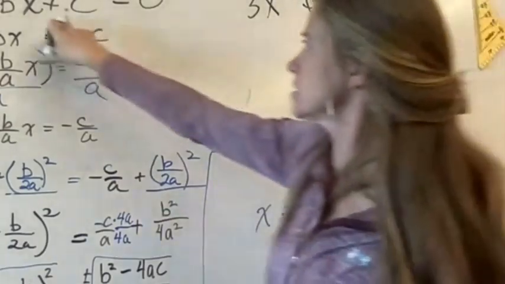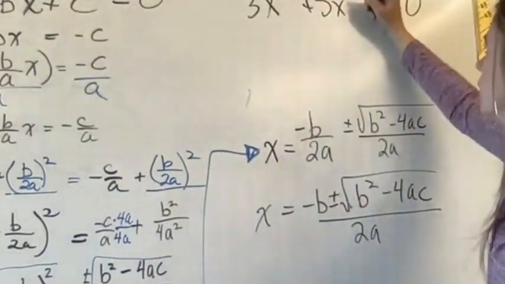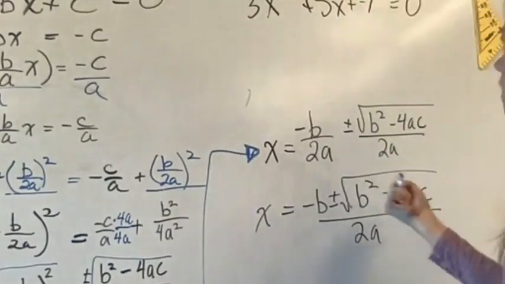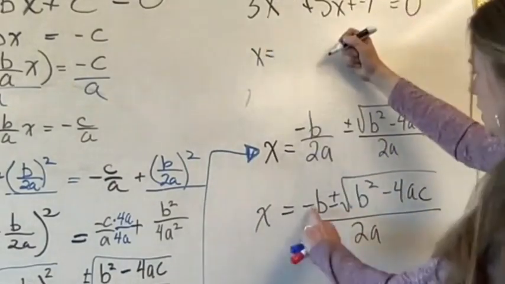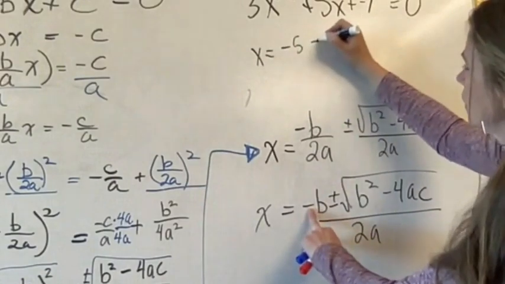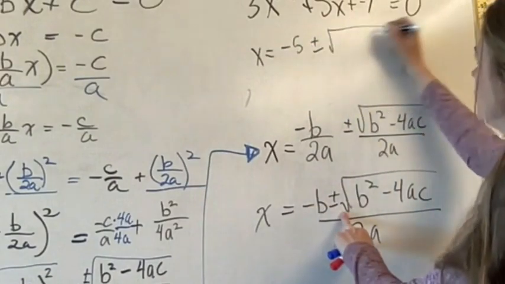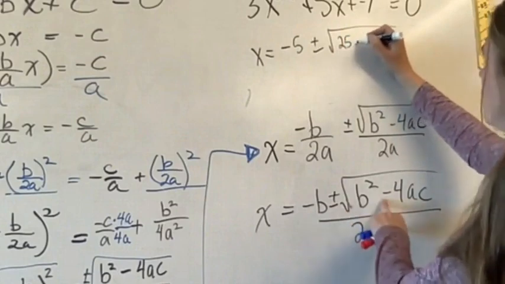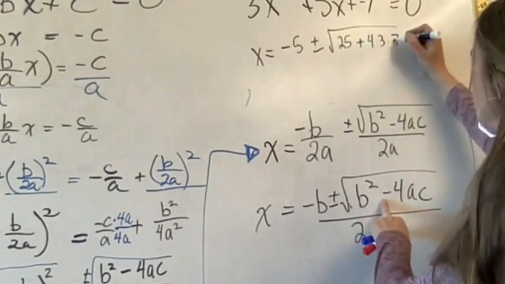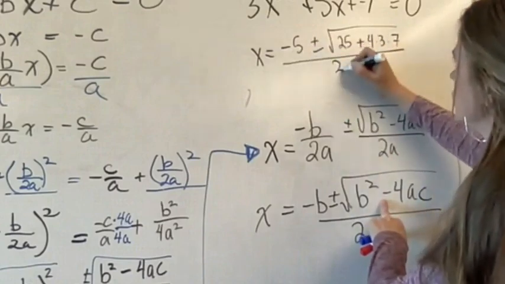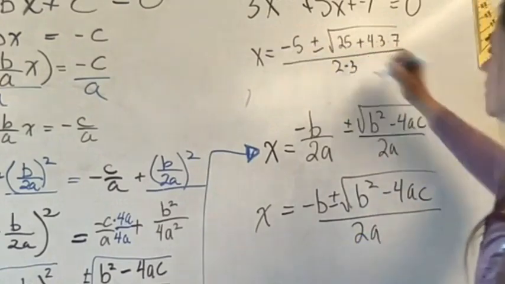Since we used a positive, this would have to actually be a plus and minus. That's fine. And then for your answer, you just say x equals negative b plus or minus the square root of b squared minus 4ac, so that's going to turn to positive, divided by 2 times a.